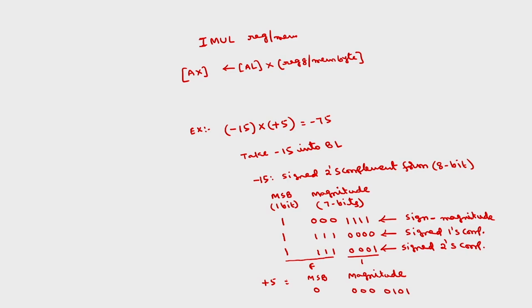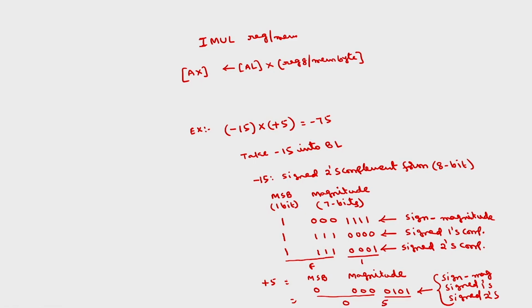If the number is positive, all the 3 representations are the same: signed magnitude, signed 1's, and signed 2's. These representations differ only if the number is negative. So what will be the hexadecimal of this?